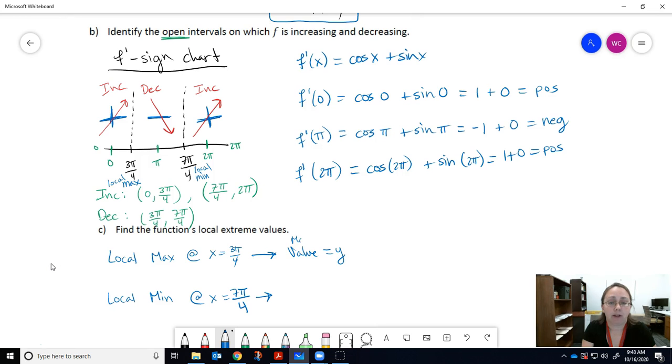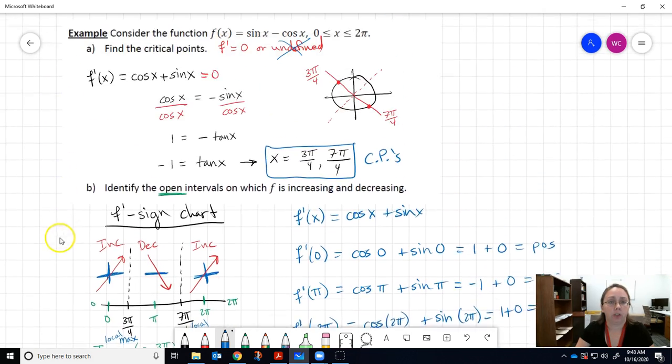So the max value, or max local value, is y equals your function, the original function evaluated at x. So remember, the first derivative sine chart, you evaluate the first derivative. To find the value of the max and min, you have to go back to the original function. So let me write these two down, and then we will go find our original function. So we're also going to plug in our local min location of 7 pi over 4 to find the actual local minimum value.